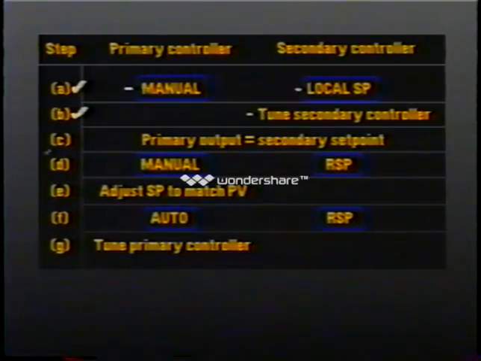Next, we adjust the primary output or the secondary local set point until they are equal. We then switch the secondary loop controller to remote set point or cascade mode. The set point of the primary controller is then matched to equal the value of the process variable, after which the primary controller is set on automatic and tuned by normal guidelines.